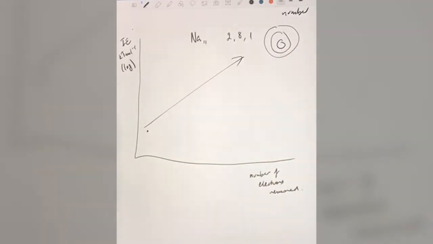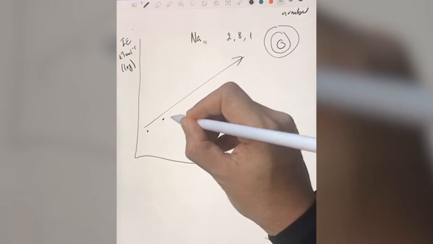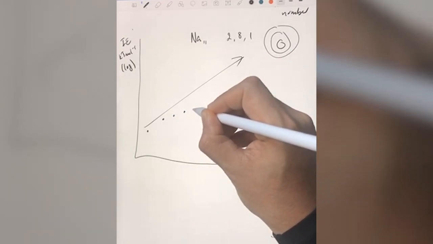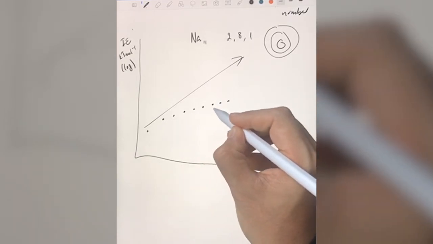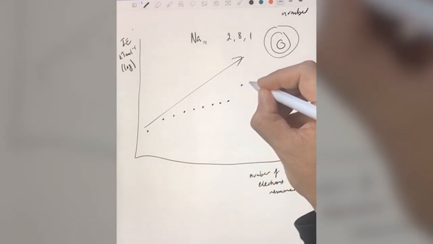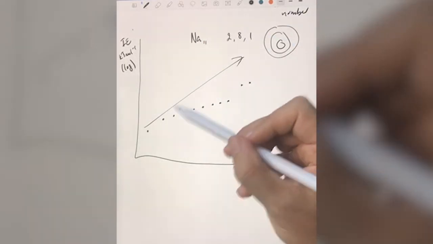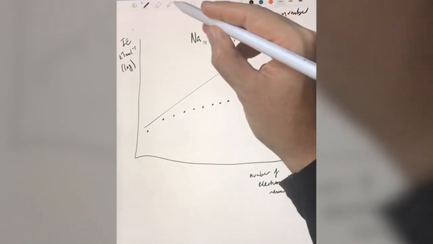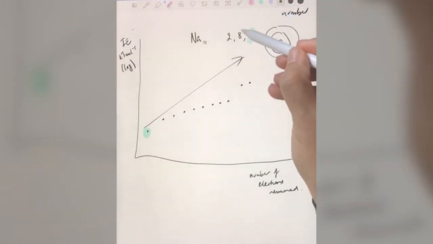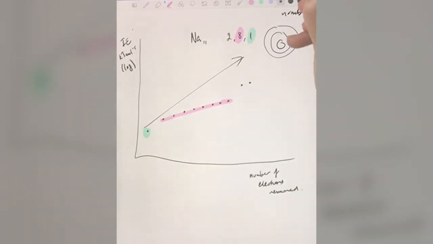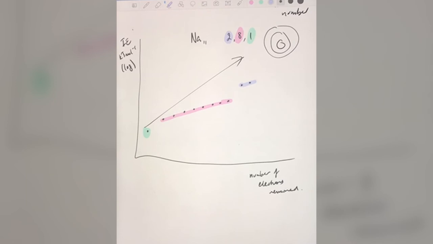However, there's a bigger jump than normal between the shells, so we should see an effect that looks something like this. 1, 2, 3, 4, 5, 6, 7, 8, 1, 2. Again, it's on the log scale, so these jumps are actually much bigger than they look. This shows the one electron in the outer shell, and then there's a jump, and then we've got the 8 electrons in the next shell, and then there's another jump, and then we've got the 2 electrons in the inner shell.